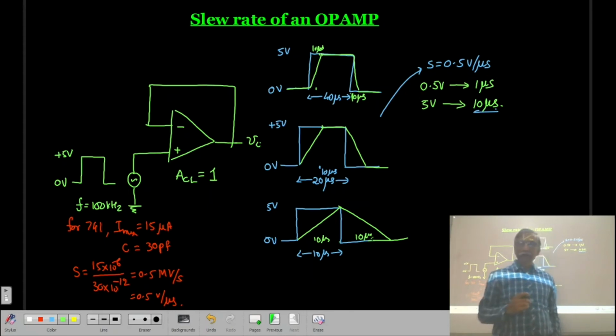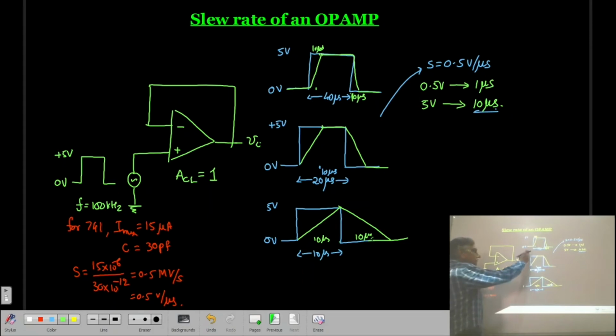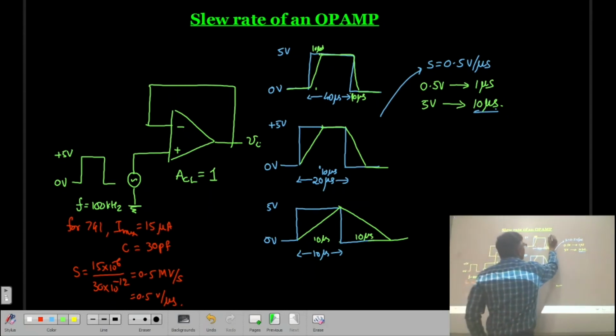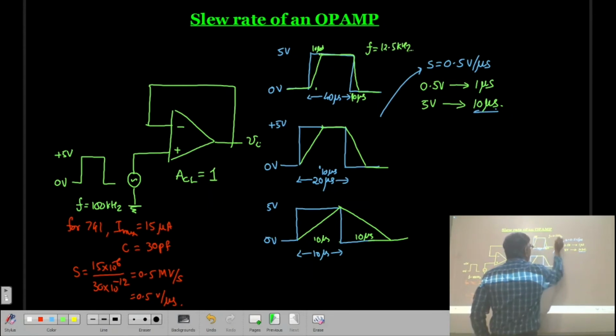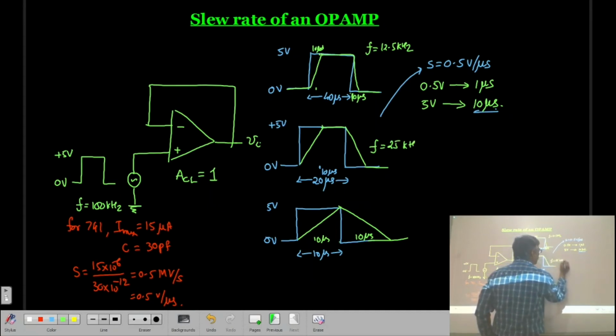So basically what is happening? We are decreasing the pulse width. It means we are increasing the frequency of the square wave. Here in this case, if you calculate the frequency, then this will be 12.5 kilohertz. If you calculate this, then this will be 25 kilohertz.